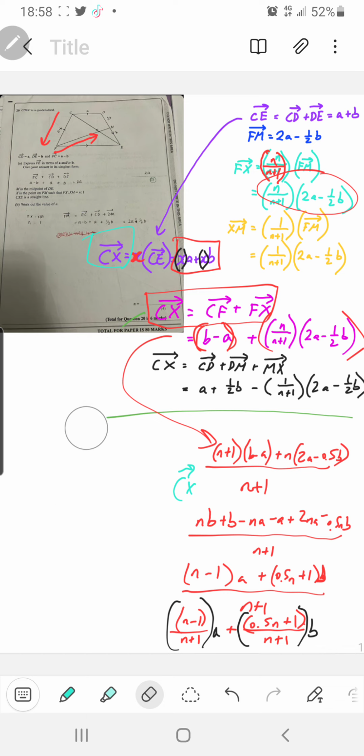Okay, so this X can equal to, so the coefficient of A over here, the coefficient of A over there can be the same as the coefficient of A over here. So n minus 1 over n plus 1. And then if you notice the coefficient of B, again you have X over here, right? But you have this expression over here, 0.5n plus 1 over n plus 1.